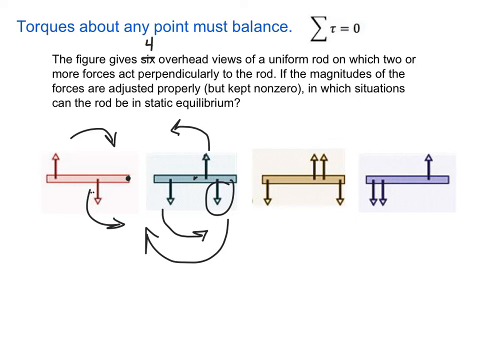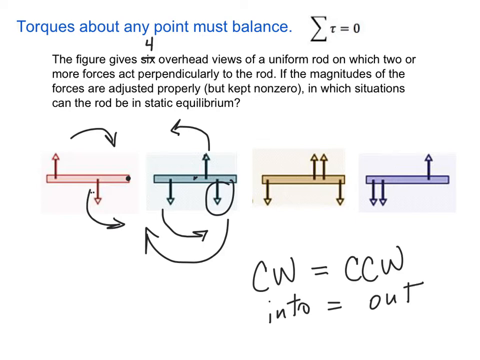So that's what you're really looking for: a situation where the clockwise torques can possibly equal the counterclockwise torques. Another way of looking at it is to think that the torques directed into the page should equal or add up with the torques that point out of the page.